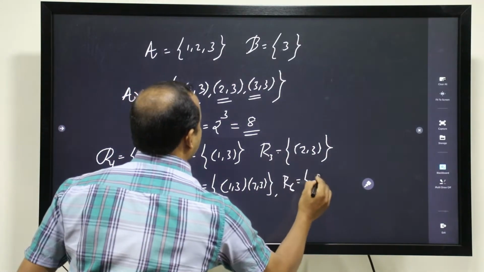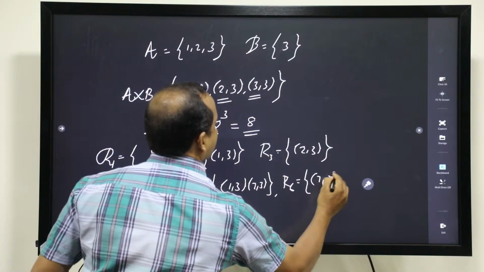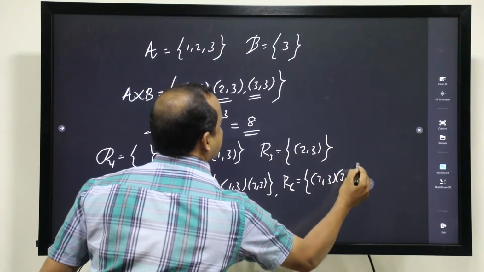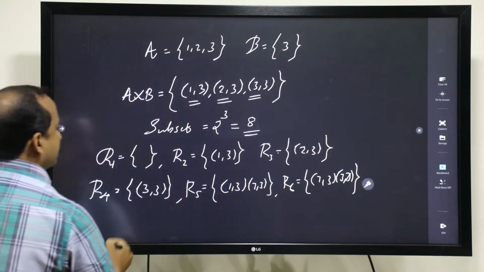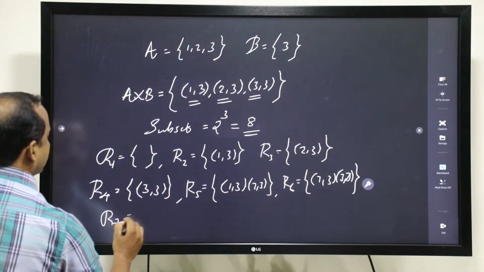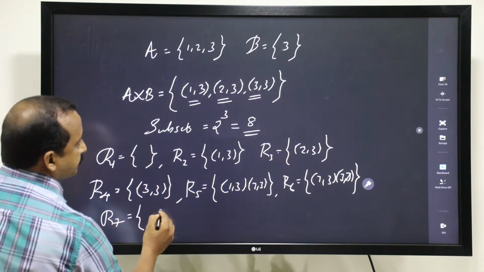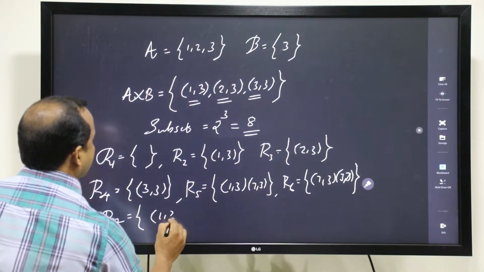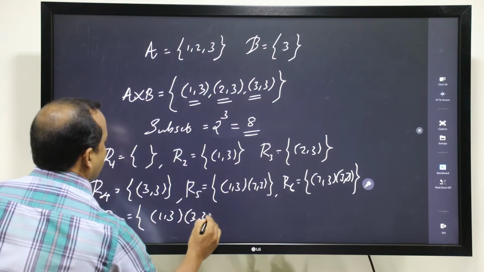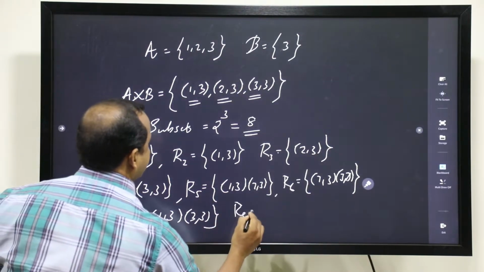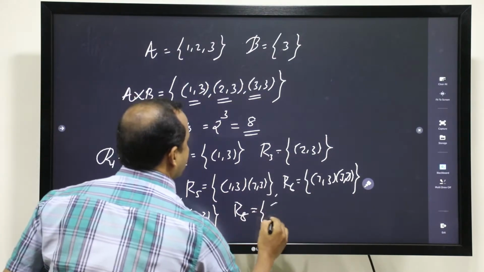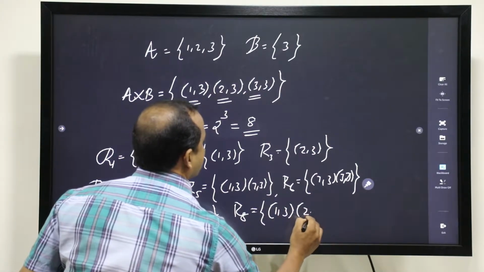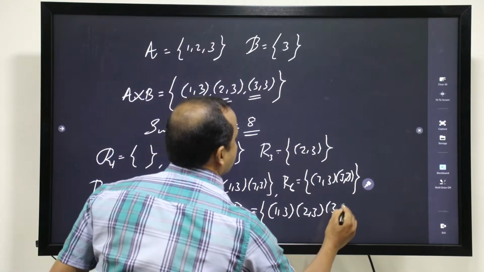R6 is equal to {(2, 3), (3, 3)}. Then R7 is {(1, 3), (3, 3)}. And last, R8 contains all elements: (1, 3), (2, 3) and (3, 3).